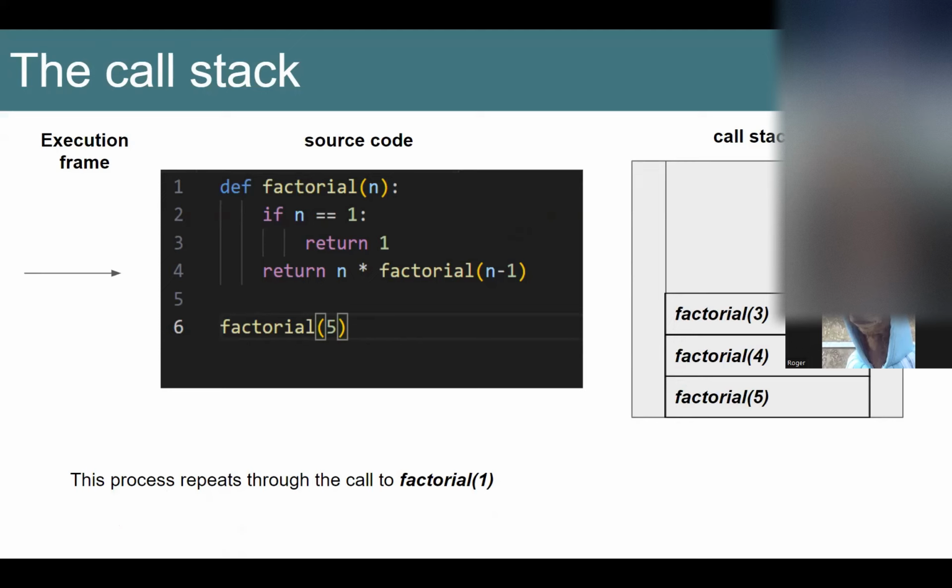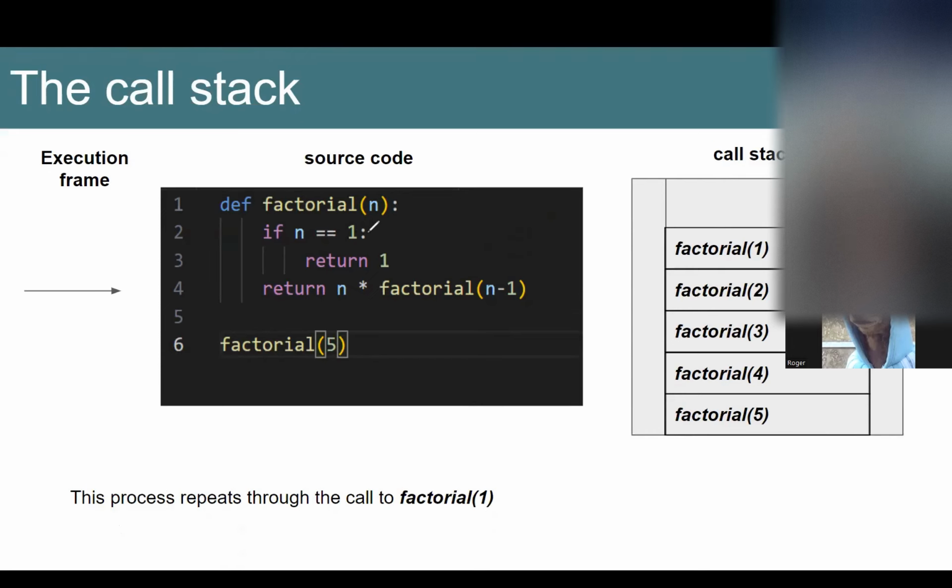No. So we return 4 times the factorial of 4 minus 1, which is 3. Then factorial of 3 minus 1, which is 2. And we just keep doing that all the way to factorial 1. Now factorial 1 is our base case in this specific example: factorial 1 equals 1. So this is going to collapse out of the call stack to 1.